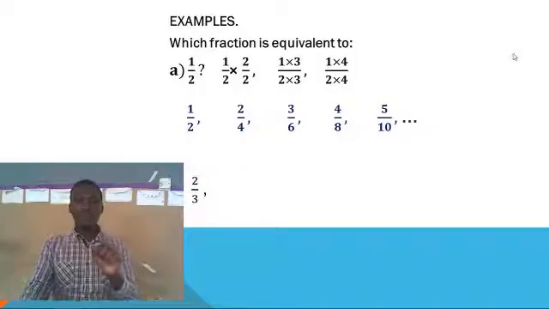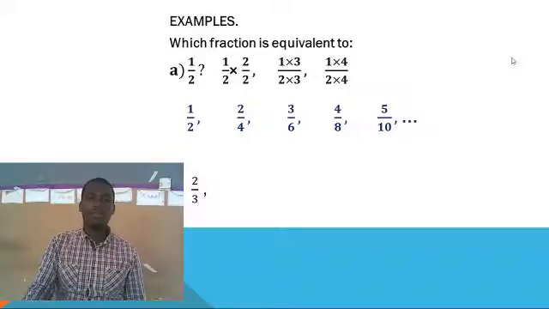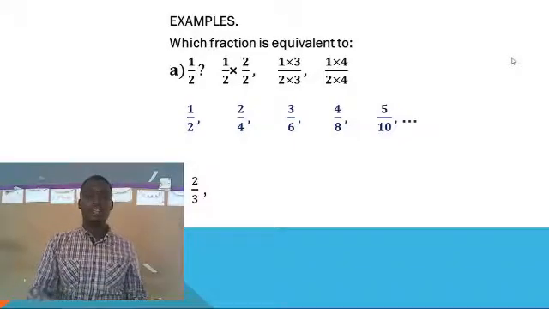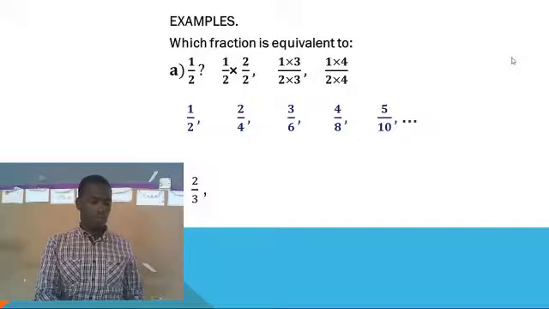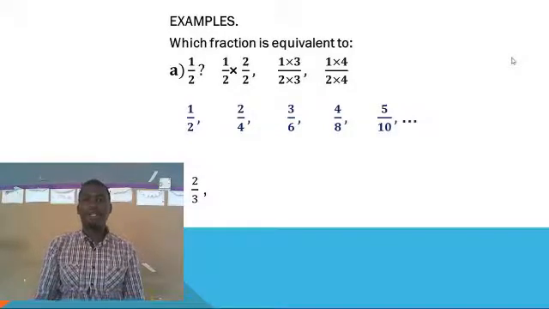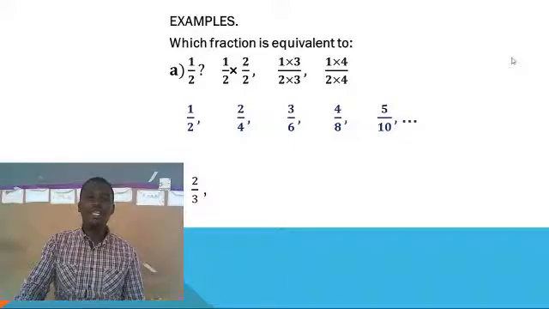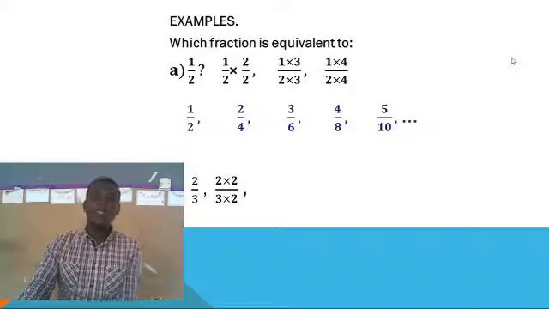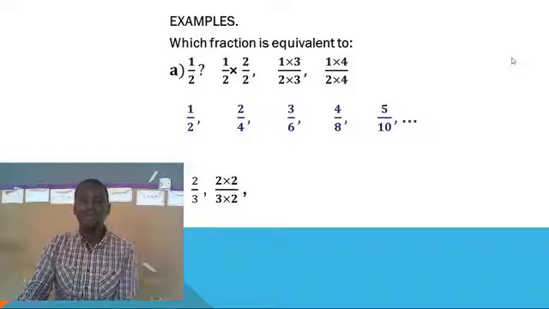The next fraction, that is B, is 2/3. What are the fractions equivalent to 2/3? We are going to do the same thing there. We say it is 2 times 2 out of 3 times 2.